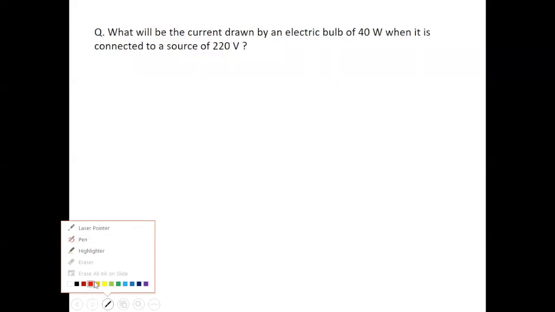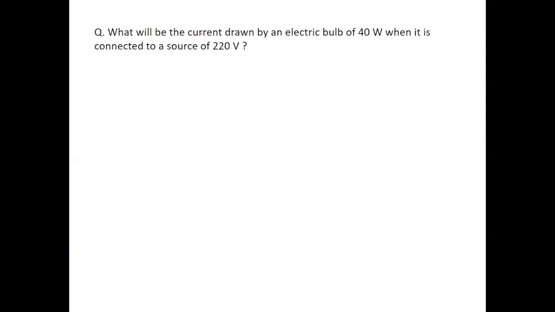Now we'll do the questions one by one. What will be the current drawn by an electric bulb of 40 watt when it is connected to a source of 220 volts? Here P is given, 40 watt.